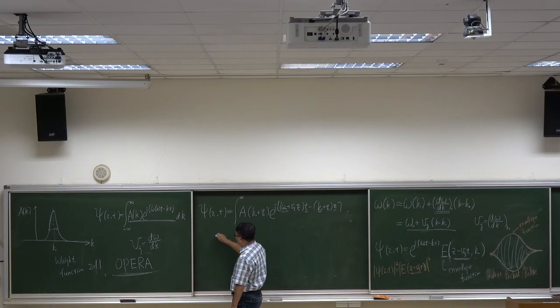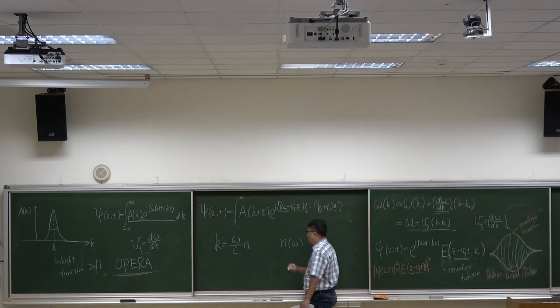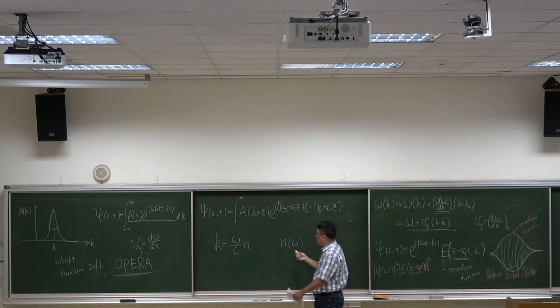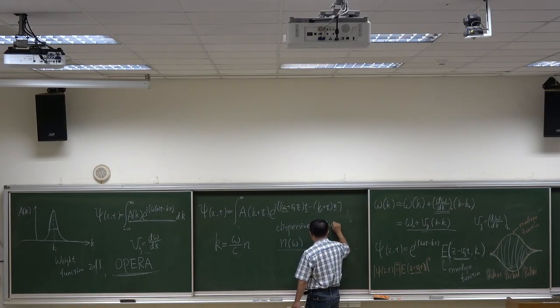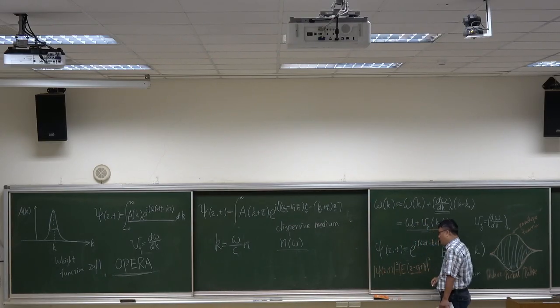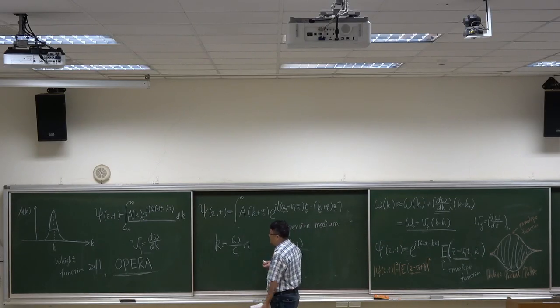Then we can write k as omega over c times n. Here n is a function of frequency. 就是说，所谓的色散介质 dispersive medium means the refractive index is a function of frequency. In fact, all materials are dispersive.